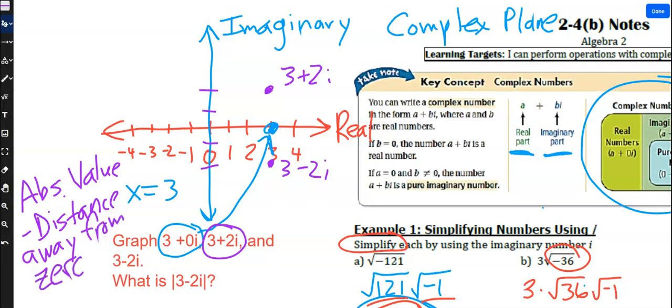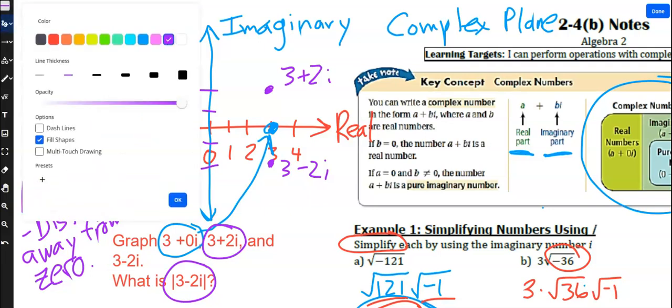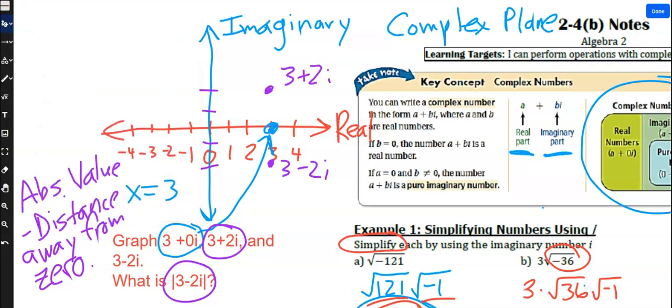They're always positive, never negative. So if they ask me for the absolute value of 3 minus 2i, what are they really asking me for? They are asking me for the distance from 3 minus 2i to the origin.